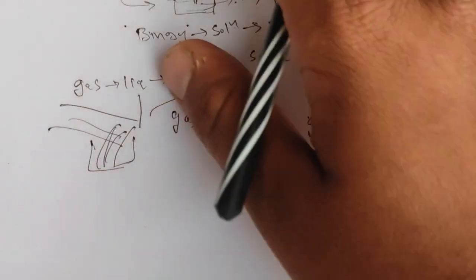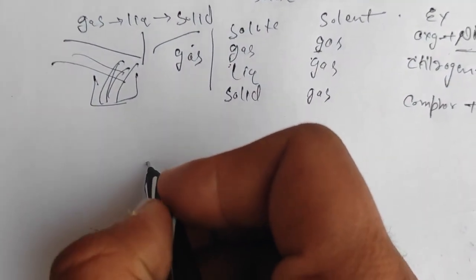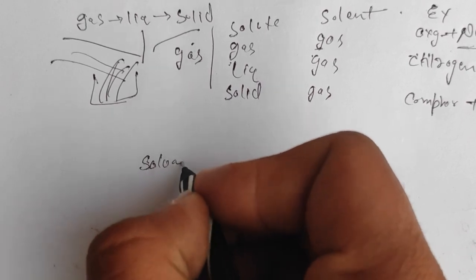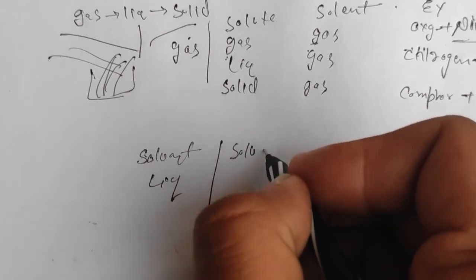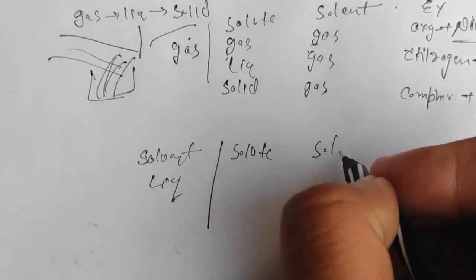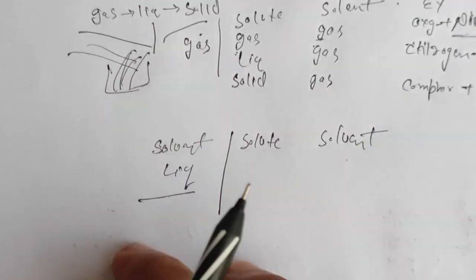Next, our new solvent is liquid. For liquid, we fix the liquid part and vary the solute.